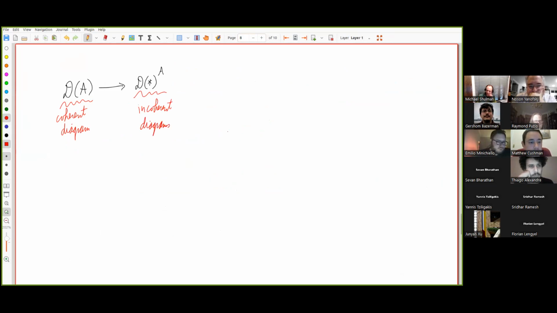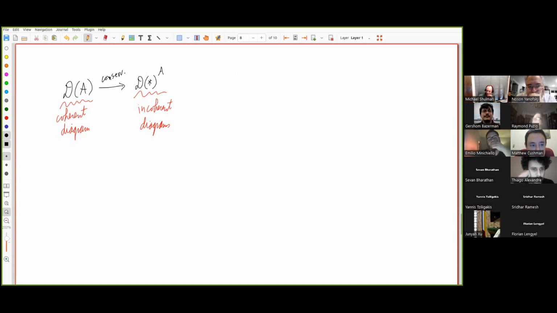You think about D of a point as being the homotopy category, and then a diagram in the homotopy category is a diagram that commutes up to unspecified homotopies, whereas something in here is a diagram that commutes up to specified coherent homotopies. And this functor here, well, Der2 says that this functor is conservative. So a map of a homotopy coherent transformation is invertible if it's pointwise invertible.